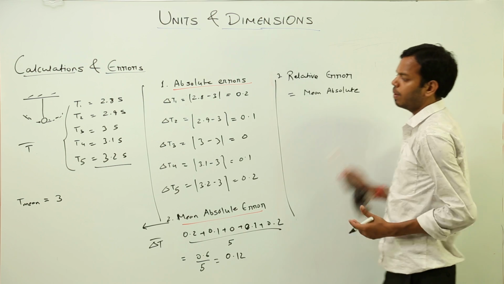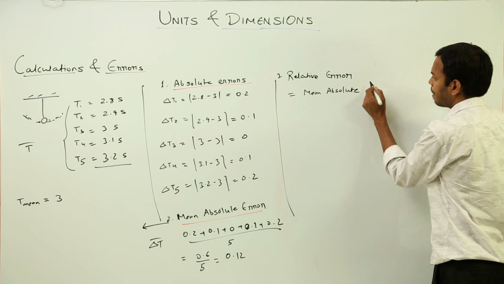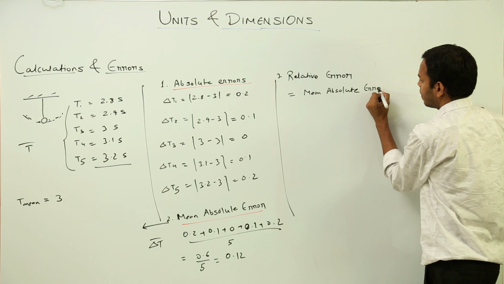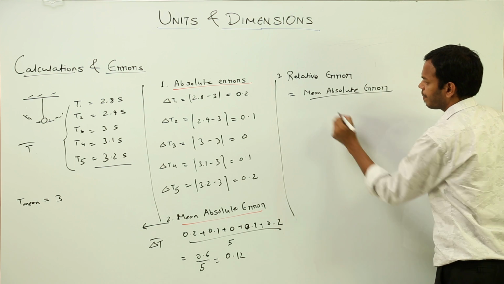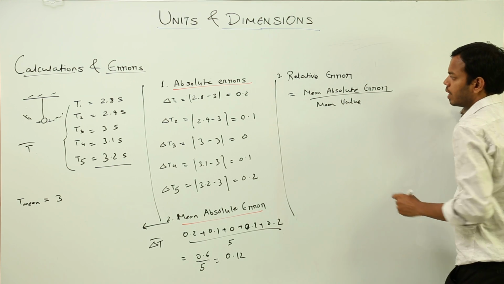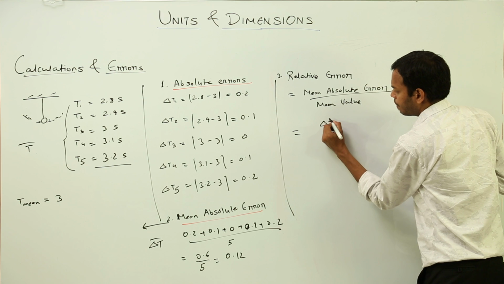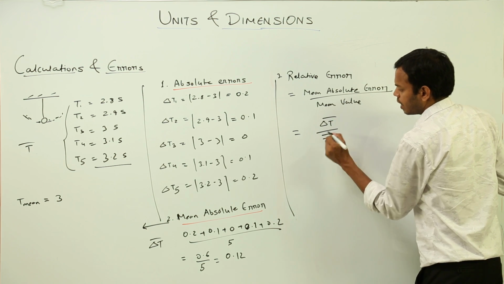So instead of t bar I am using this symbol t mean. So here also, the mean absolute error divided by the mean value of the whole system.